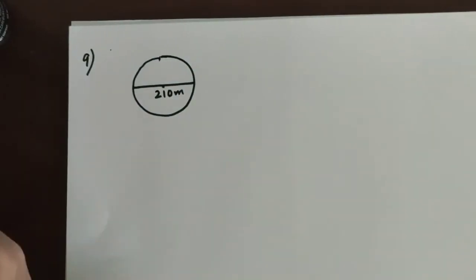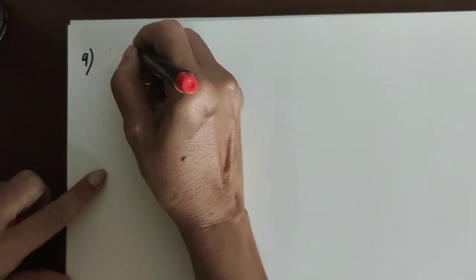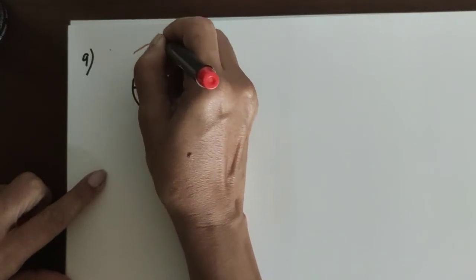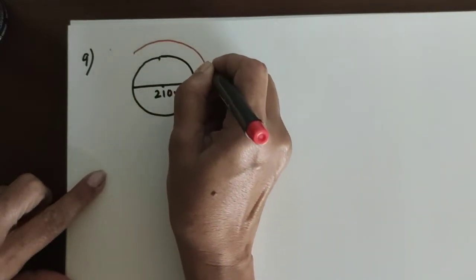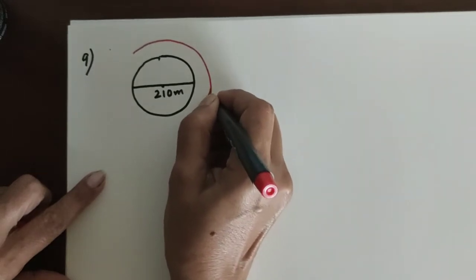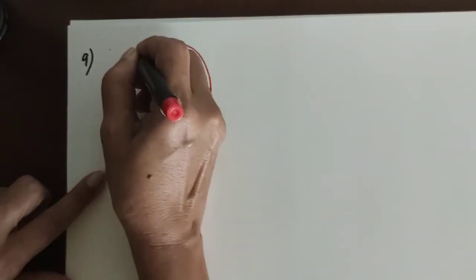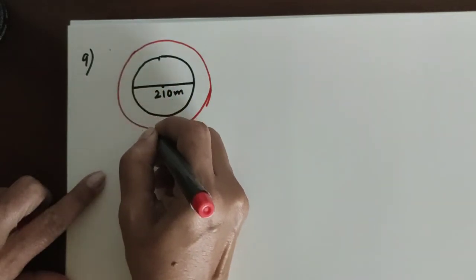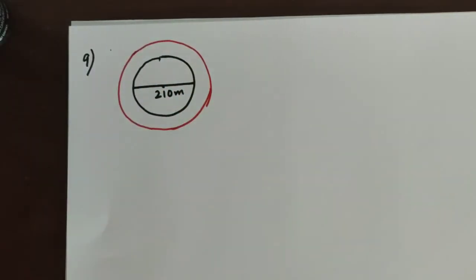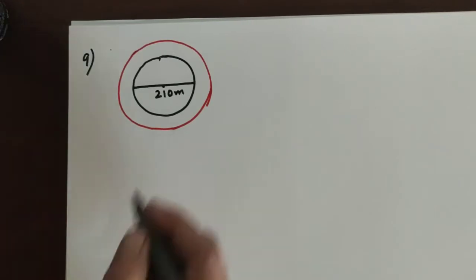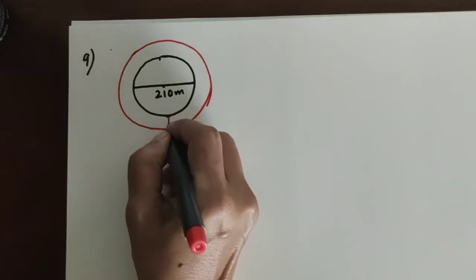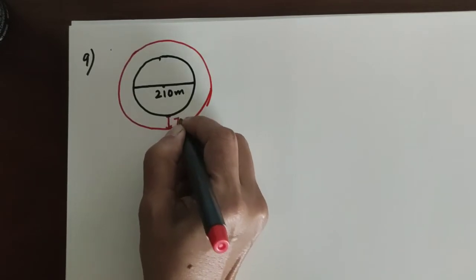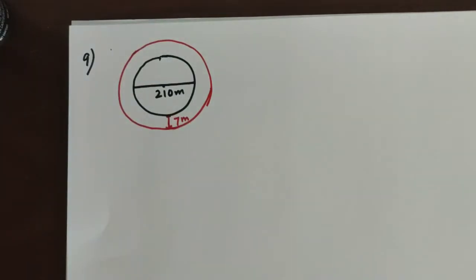I am drawing here how your path is drawn outside the circular garden. And the width of the path is given as 7 meter.